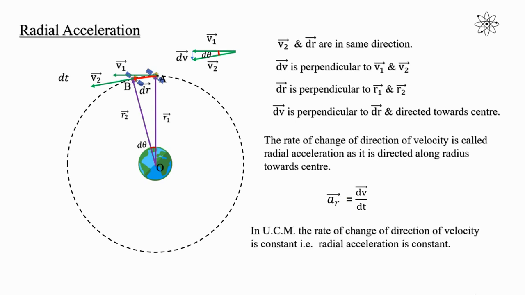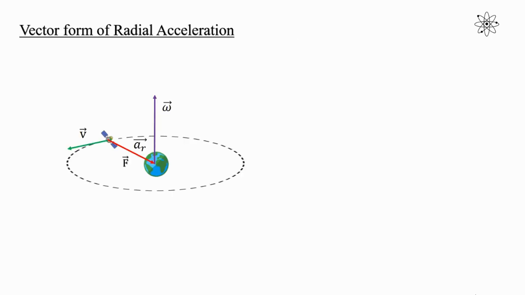Now, in a uniform circular motion, the rate of change of direction of velocity is constant. That is, radial acceleration is constant. Now, let's represent this acceleration in vector form.